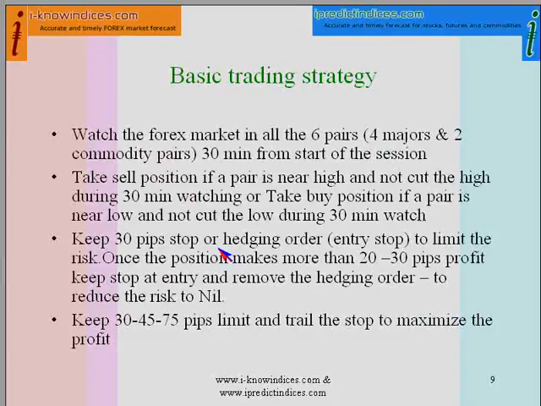Thereby, you need not be worrying about the position. In the hedge order, you can keep a stop at entry, and once the hedging is closed with a stop at entry or with a profit, whichever way you decide to close it, then you can come back to the original position and try to close it with a minimal loss, a nominal profit, a stop at entry, or maximize the profit the next day.